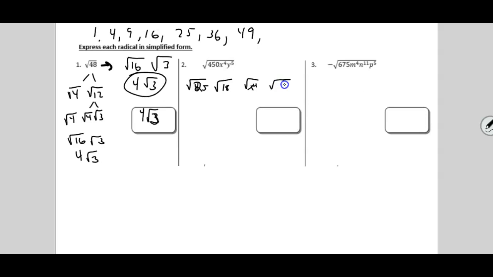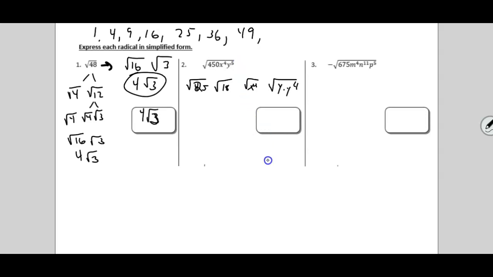I'm going to break this y to the 5th up as y to the 4th times y, because if you add those exponents, 1 plus 4 is 5. Oh, I'm sorry, I made a mistake. Here, let me fix it. Square root of y times y to the 4th. There we go.